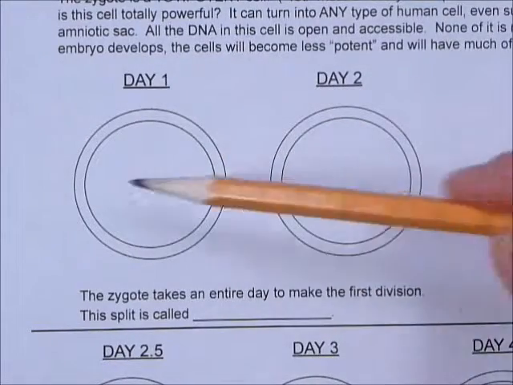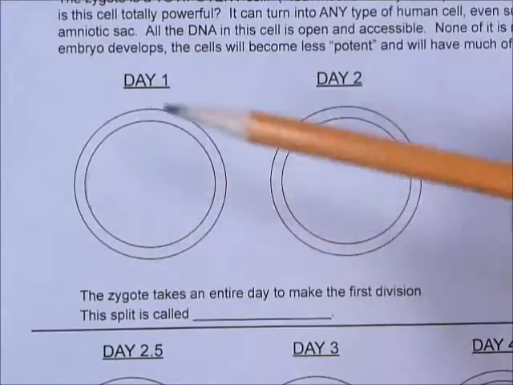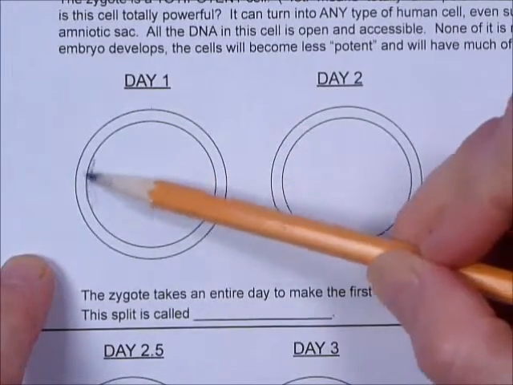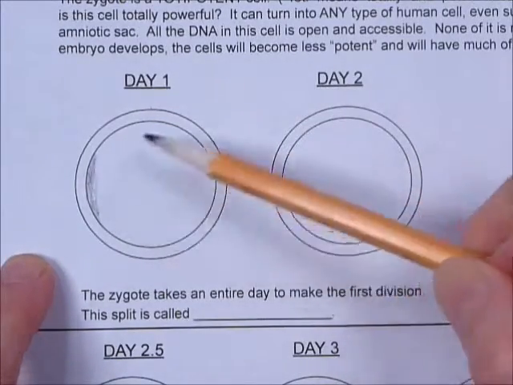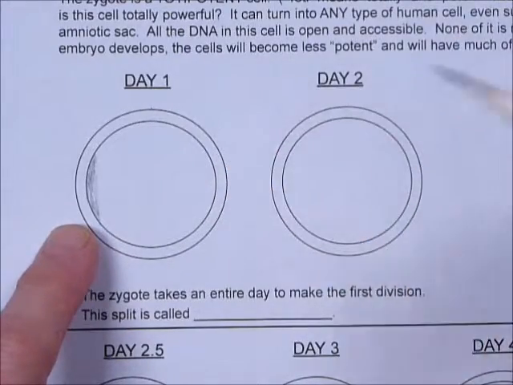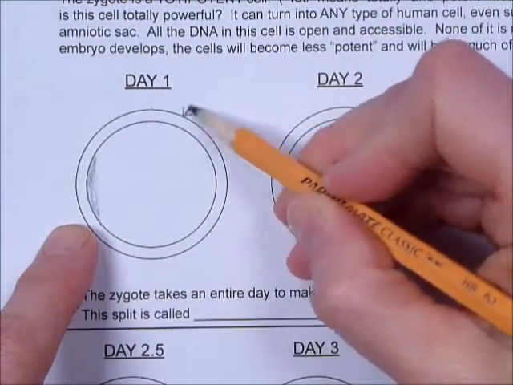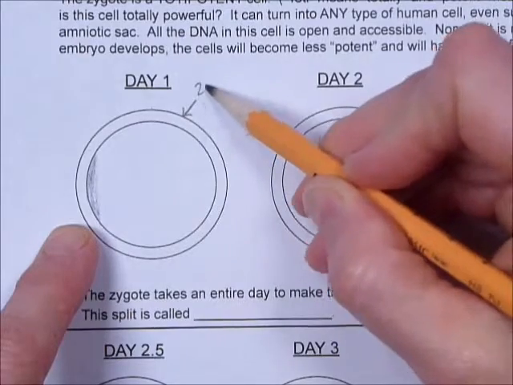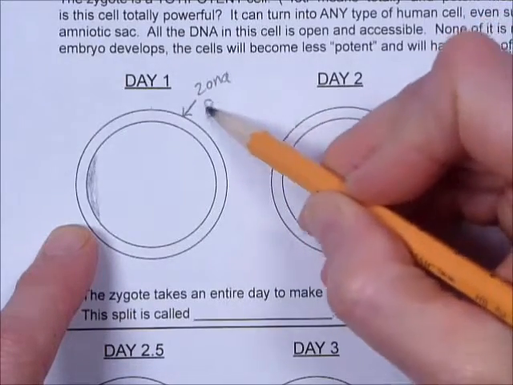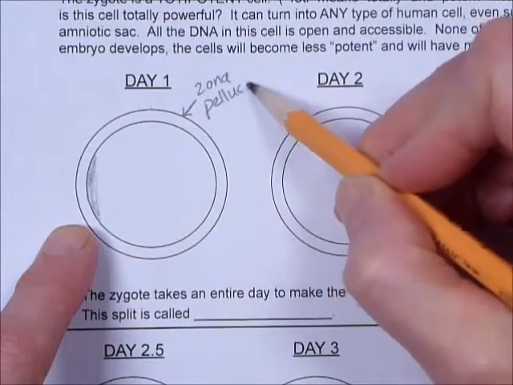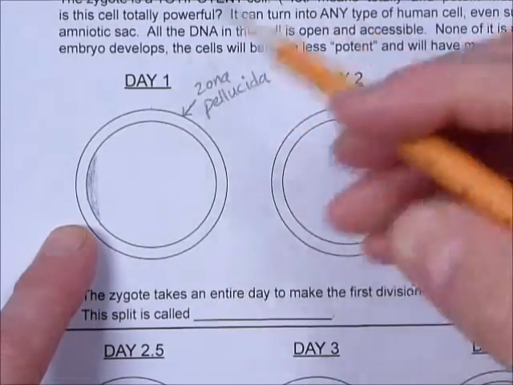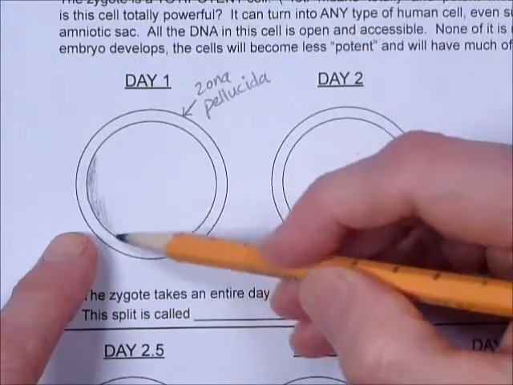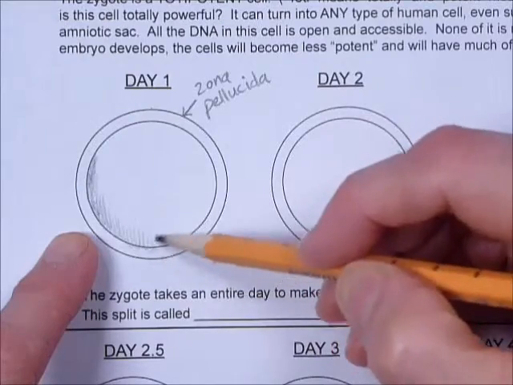So in day 1, we're just going to shade this inner circle. Now, this outer ring, in fact, we can just go ahead and label it, is going to be our zona pellucida.